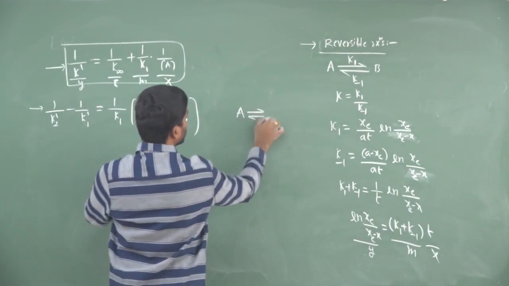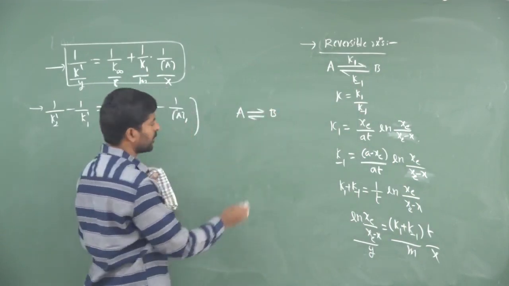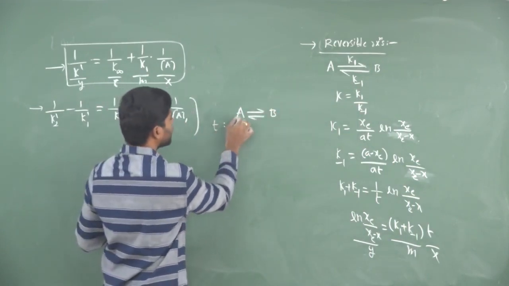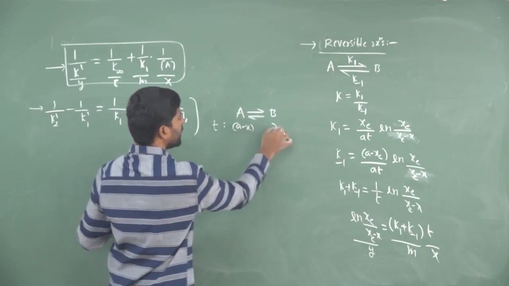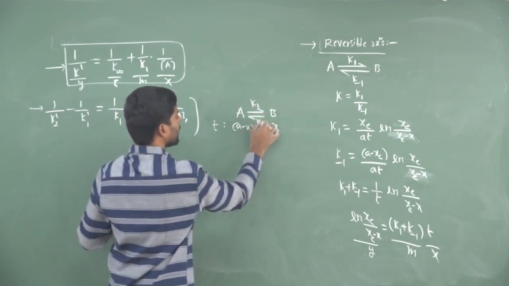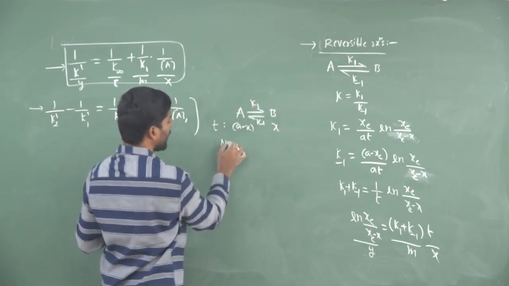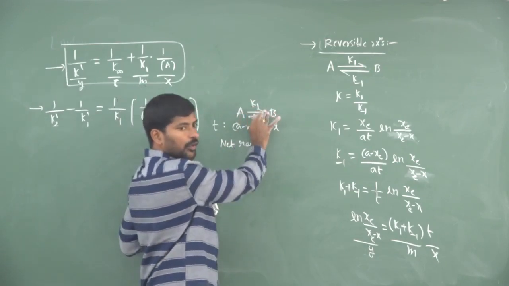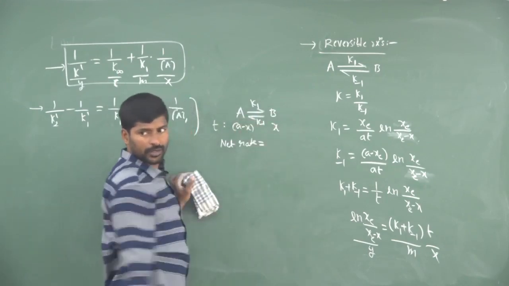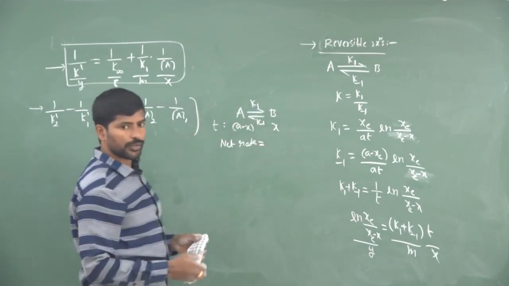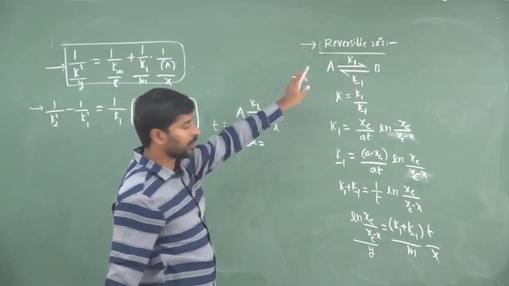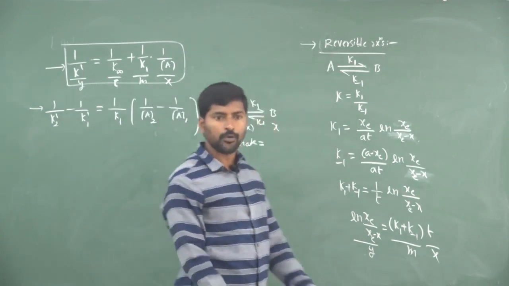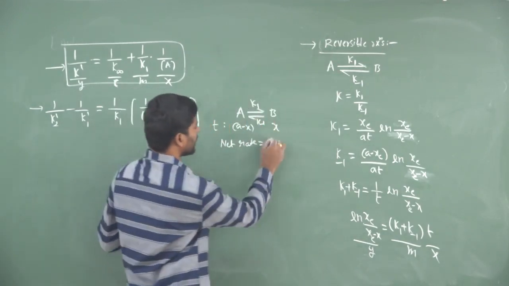If we have a reaction like this, at a time t its concentration is A minus X and its concentration is X, then how to give net rate of reaction? Net rate of reaction is nothing but what? Rate of forward reaction minus rate of backward reaction, since both are opposing to each other. Okay, reversible reactions are also called opposing reactions. So what is the net rate?